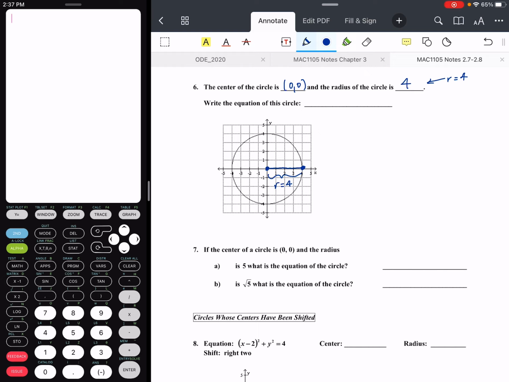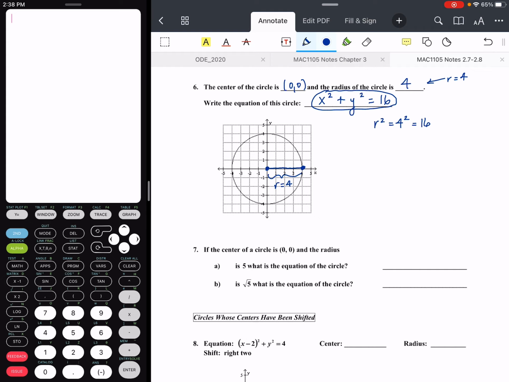If I want to write the equation of this circle, I'll have x squared plus y squared equals, and on the right-hand side, r squared, which in this case is 4 squared, which gives me 16. So x squared plus y squared equals 16.